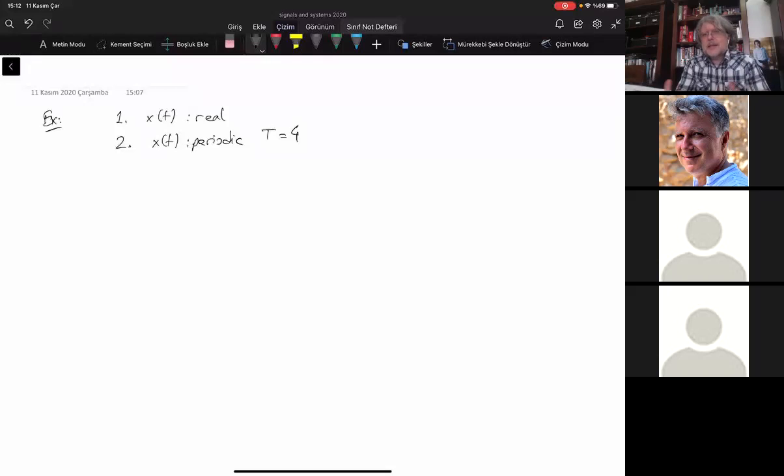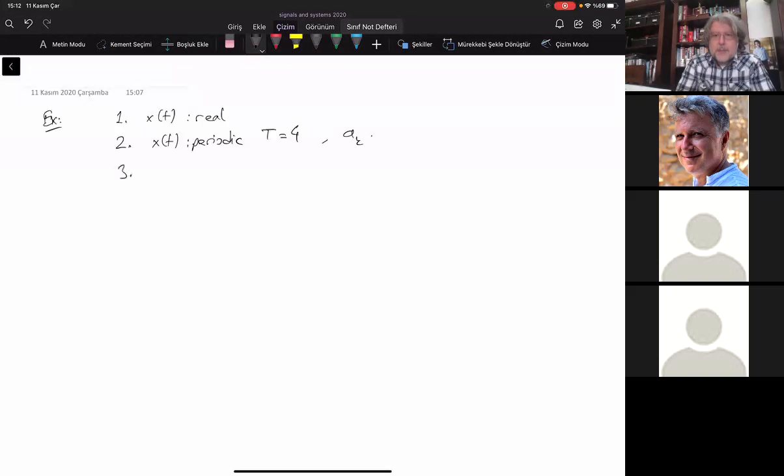This tells us that the period is 4, but within this period, we don't know the shape of this periodic signal. That is the thing that we are trying to reconstruct. And since it is periodic, we have Fourier series coefficients, a_k, because for periodic signals, we have Fourier series coefficients.